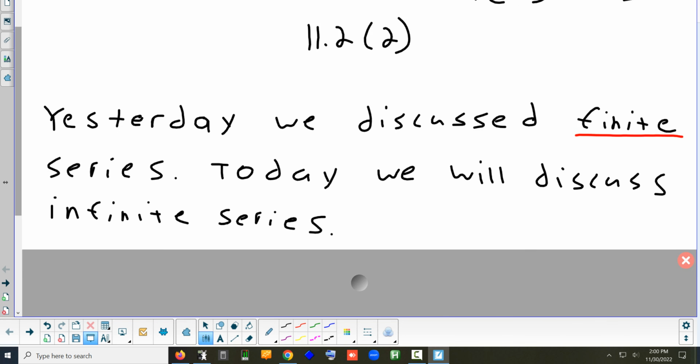We're going to look at today, how can we add up an infinite amount of numbers? How can we add up a bunch of numbers that never stop? And the only way you can do it is if the numbers get smaller and smaller, so eventually they don't make a difference. That's the only way it works.